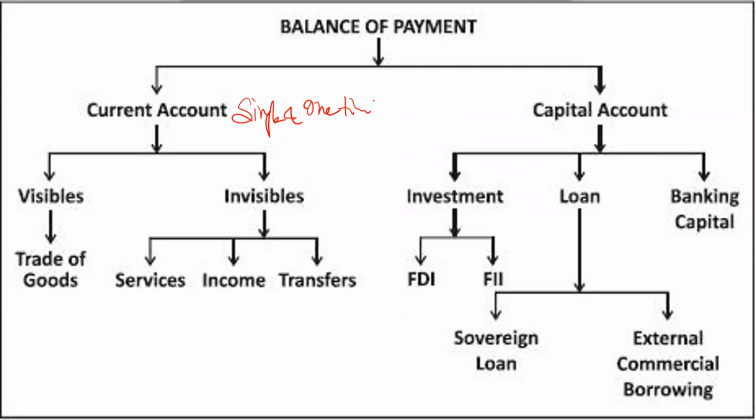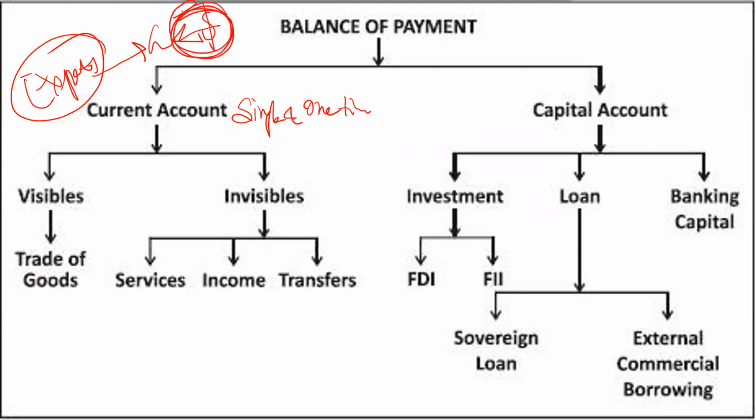And if a person exports goods, he or she gives the goods to that person and then they give the dollars. They receive the payment in dollars and the transaction ends there itself. This comes under the current account, that is a single-way and one-time transaction.